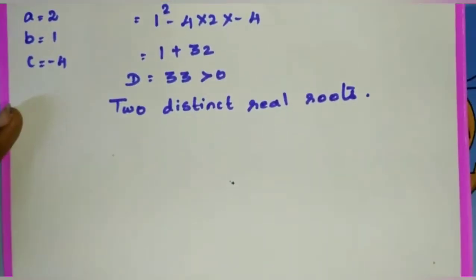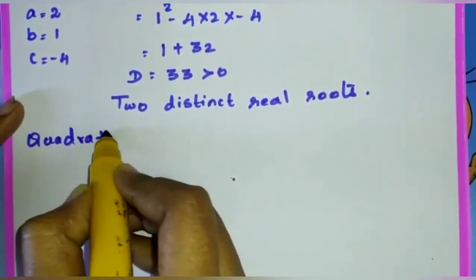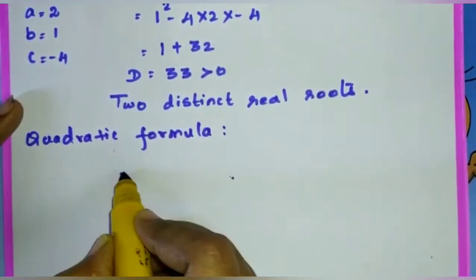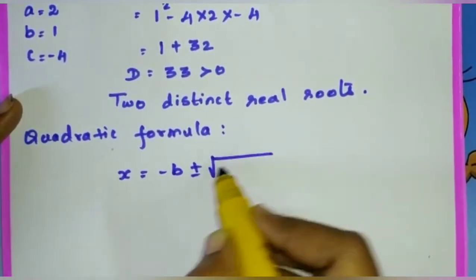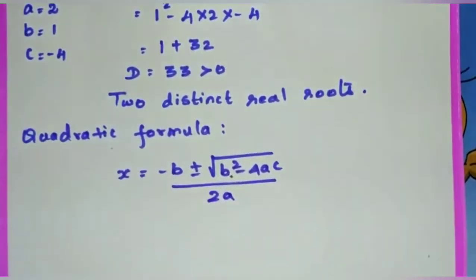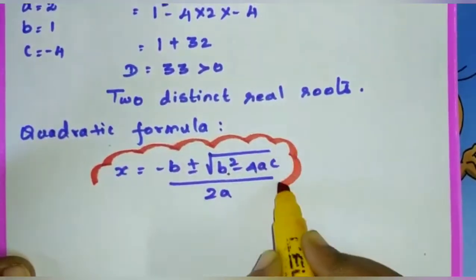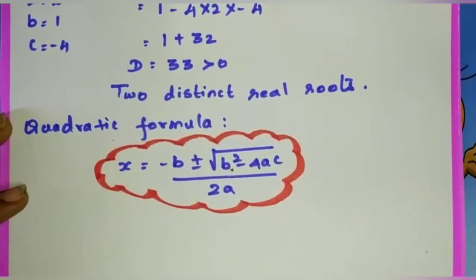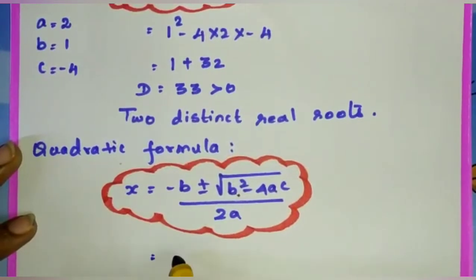Now we can apply the quadratic equation formula. What is the quadratic equation formula? x is equal to minus b plus or minus root of b square minus 4ac divided by 2a. Now we are going to find the two distinct roots. What is the value of b?